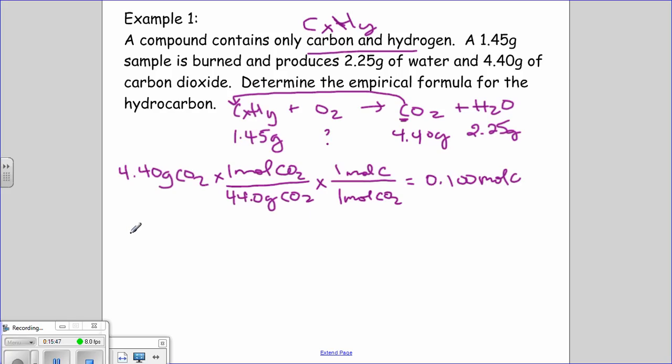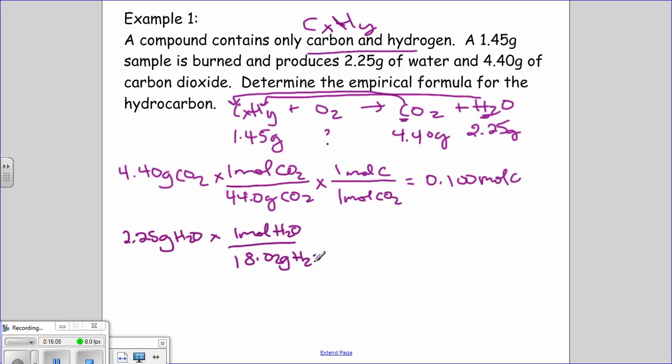Now for the hydrogen, I need to look at the water. So I need to get this water down to moles of H, or hydrogen. Starting with 2.25 grams of water, 1 mole of water is 18.02 grams of water.